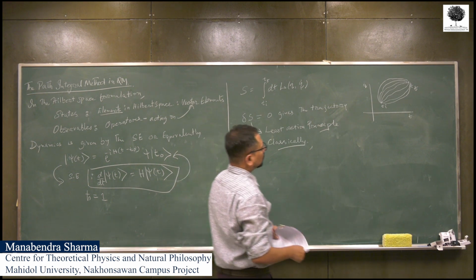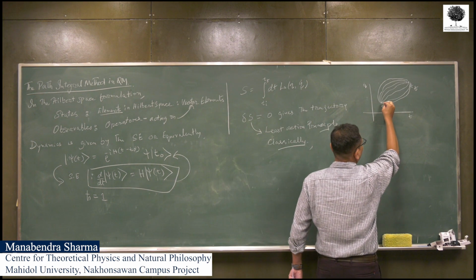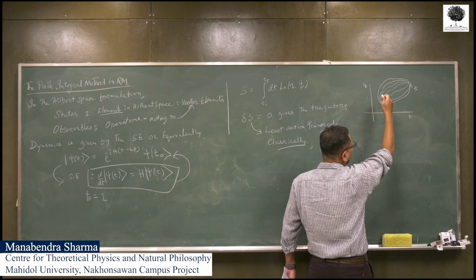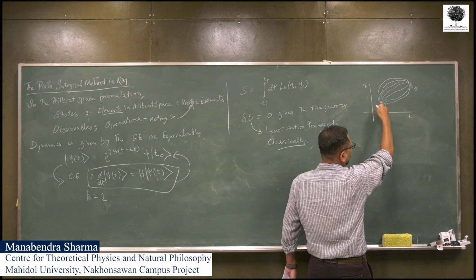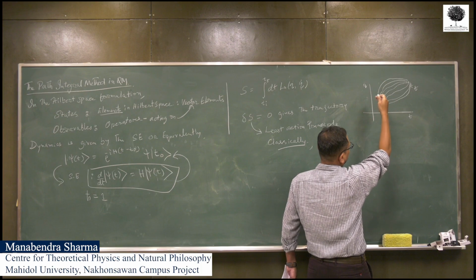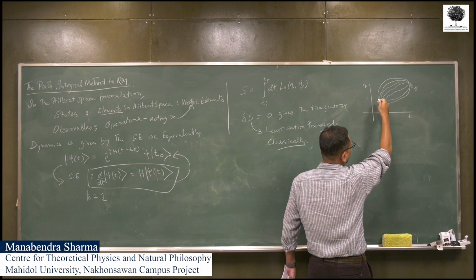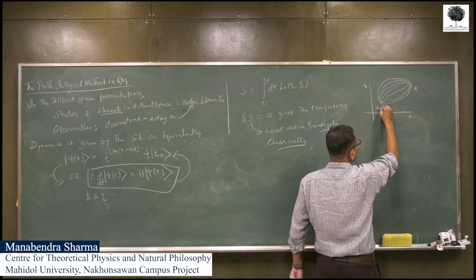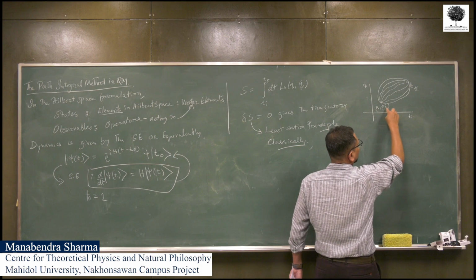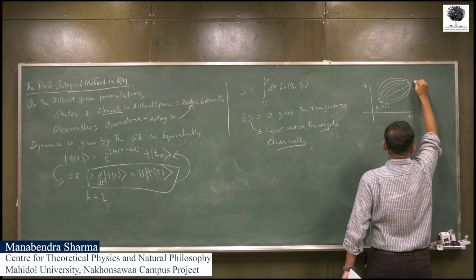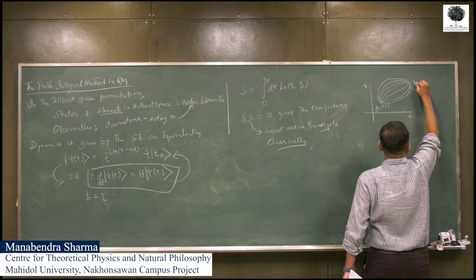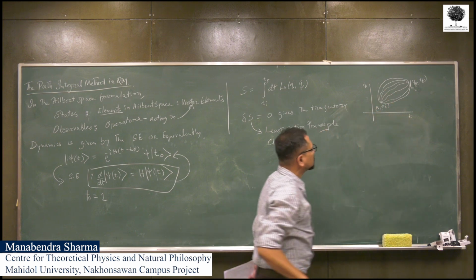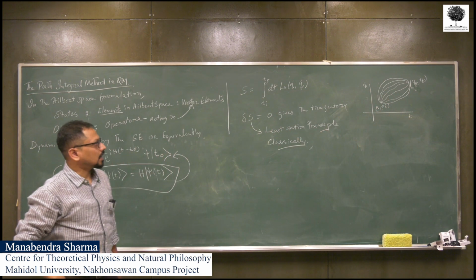If you want to know the transition amplitude or the probability, for a one particle system, for the particle to go from qi at ti to qf at tf will be the sum of all the probability amplitudes.